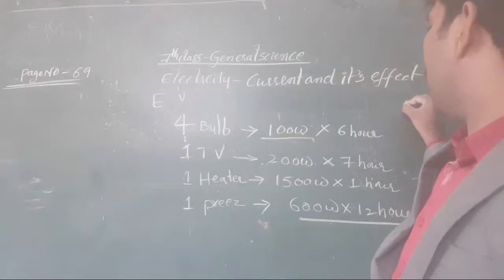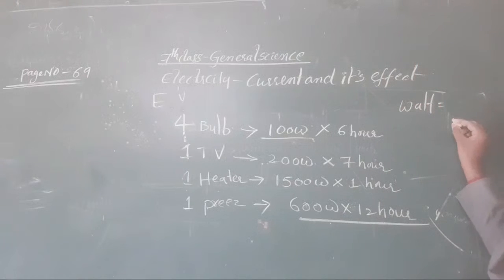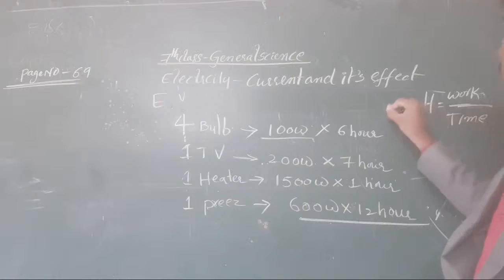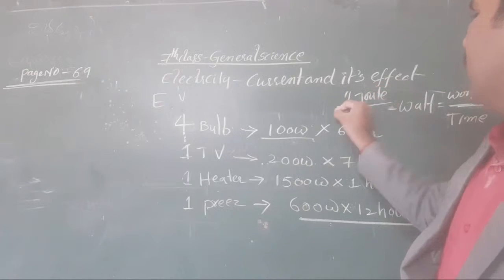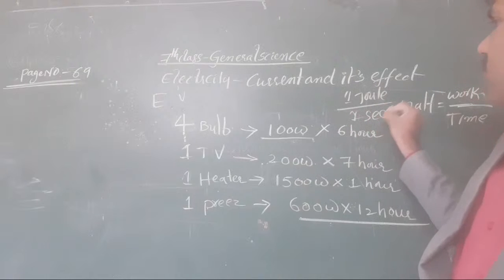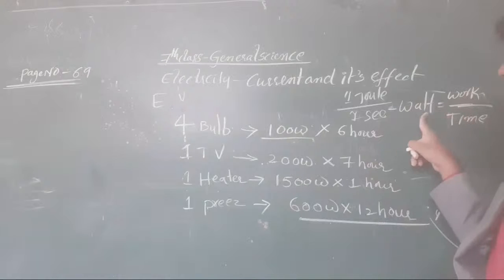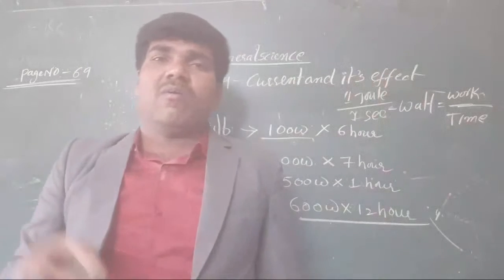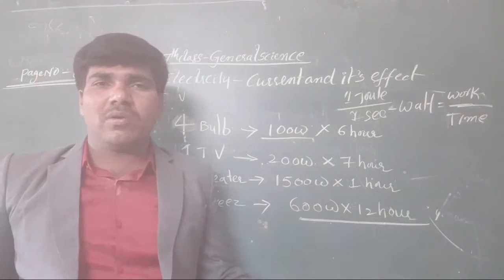Actually, watt is equal to work for time; you require more knowledge for it. Now how to measure 1 watt? Work is measured as 1 joule for 1 second. 1 joule of work done for 1 second is called 1 watt. Otherwise, if 40 joules work for 1 second, it is called 40 watts. Clear or not, all of you?